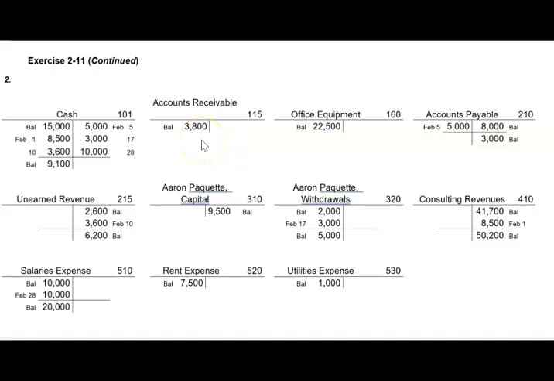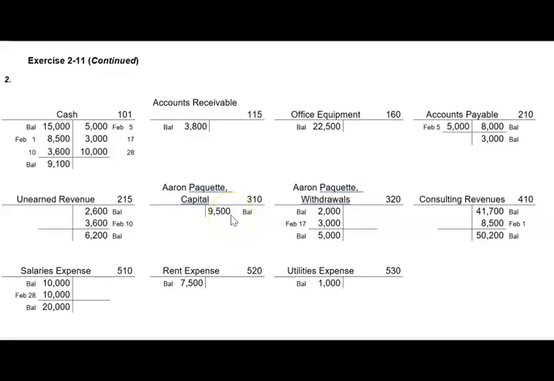Accounts receivable hasn't been touched this month, so it has a balance of 3,800. Office equipment. Accounts payable is our liability, so we start on the credit side. 8,000 minus 5,000 gives us a credit of 3,000. Unearned revenue, we have 6,200, the 3,600 from this month, 2,600 from last month.